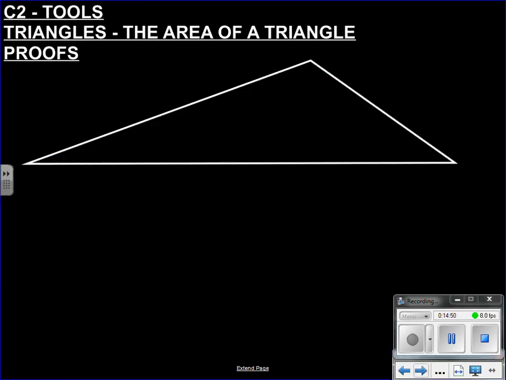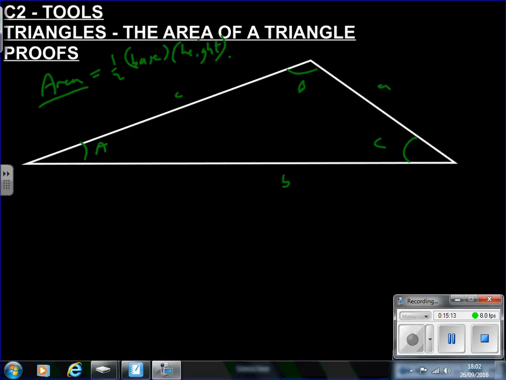Finally, area of a triangle formula. So, do that again. A, B, C, opposite angles, C, A, B. We want the area, and we know the area is the same as half times base times height, don't we? So let's do exactly what we did before.